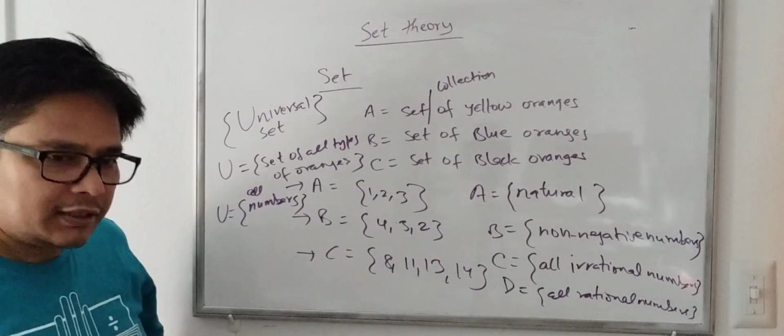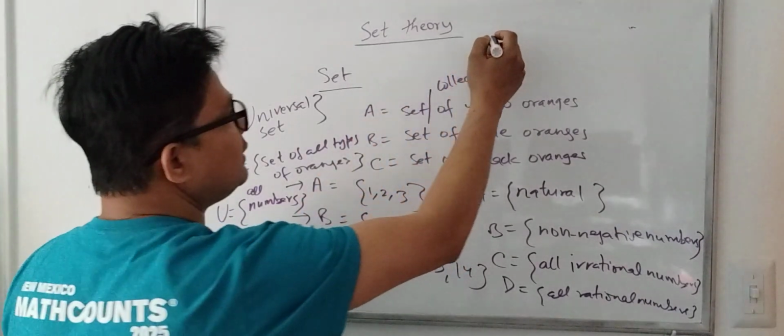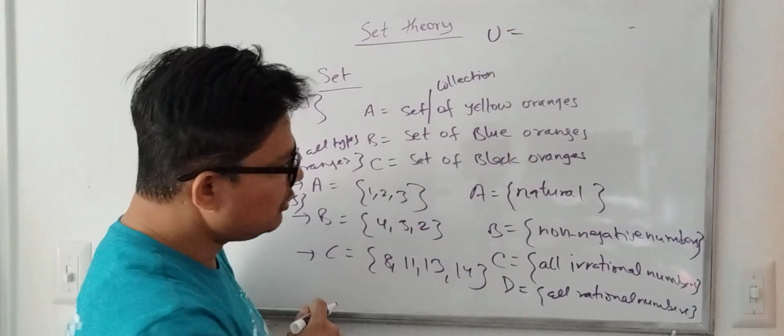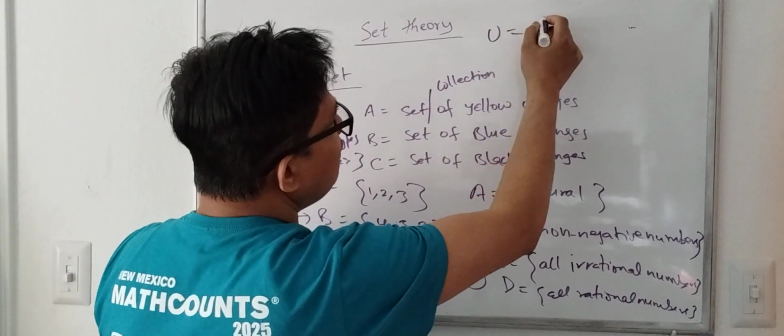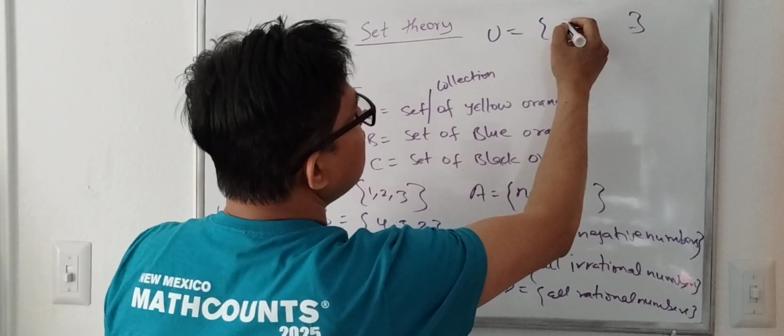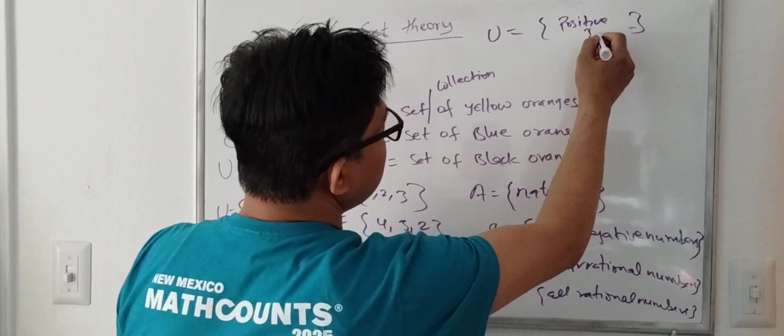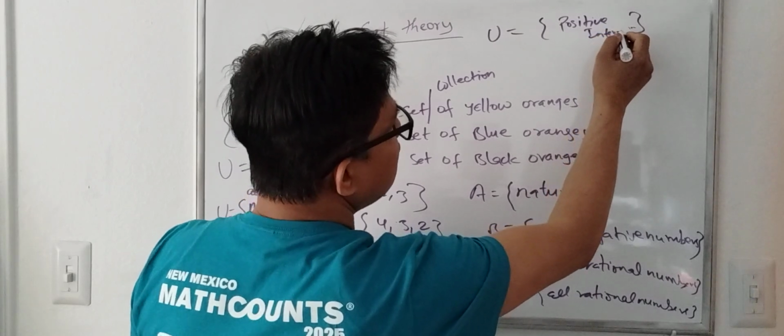It's up to you. You can also define a universal set. You can change the scope of the universal set. You can say, okay, the universal set is all positive numbers or positive integers. This can also be integers.